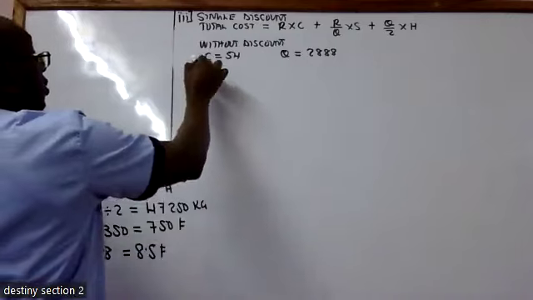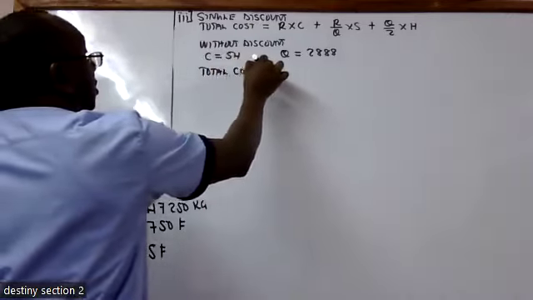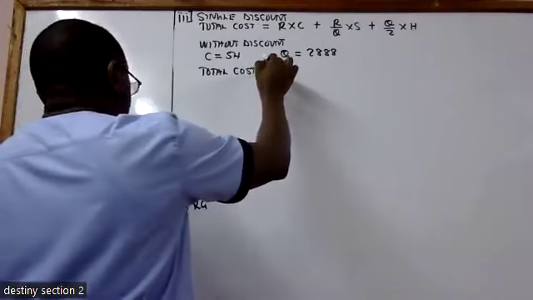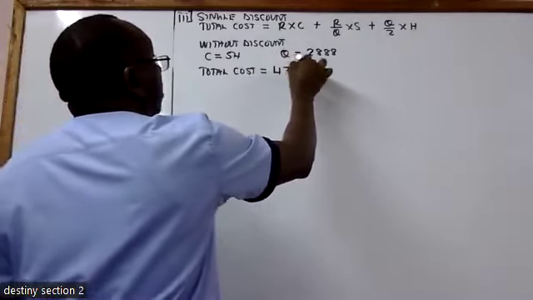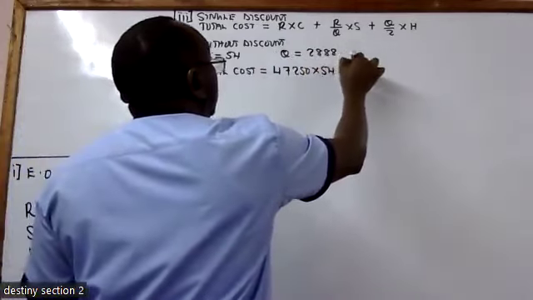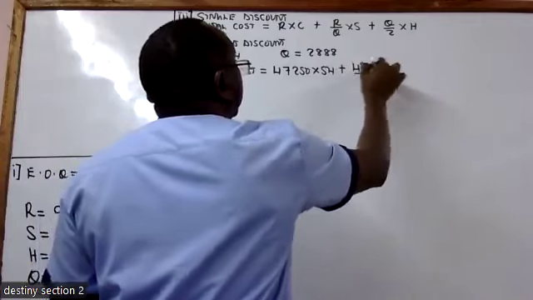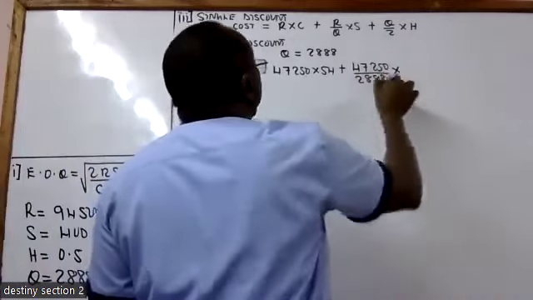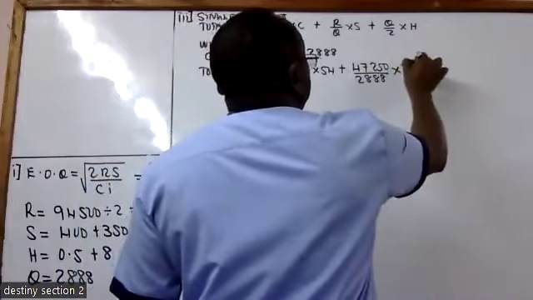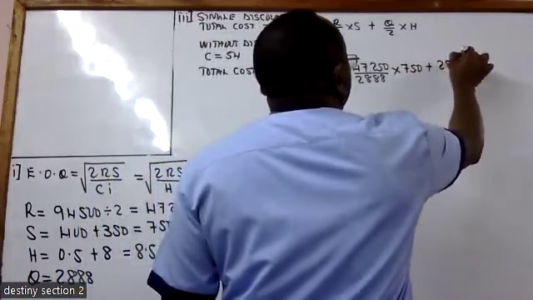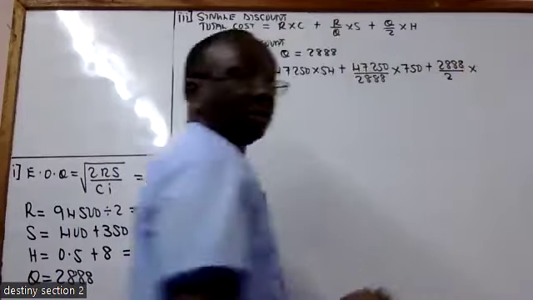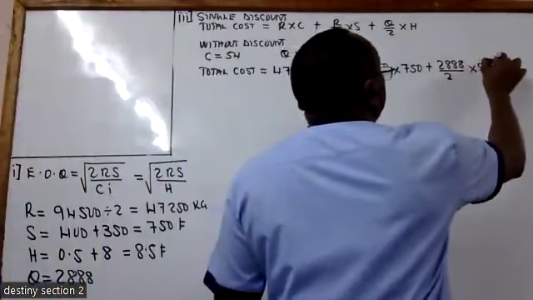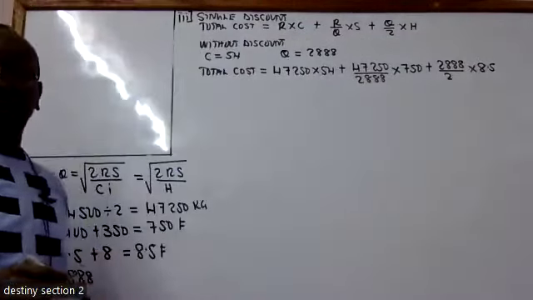So therefore, our total cost will be 47,250 multiplied by 54, plus 47,250 divided by that Q, multiplied by S, which is 750, plus 2888 divided by 2, multiplied by H, which is 8.5.